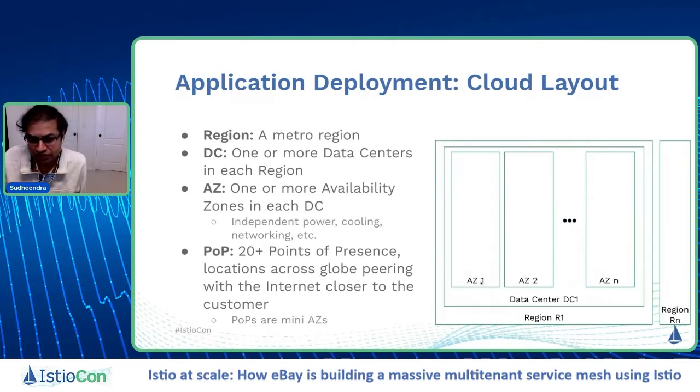Each AZ has completely independent power, cooling, and networking, so it forms a separate fault domain. Besides the data centers in a number of regions, we also have a number of points of presence, or POP locations, across the globe, where we peer with the internet service providers and are closer to the customers. From an architectural point of view, we treat the POPs as mini availability zones.